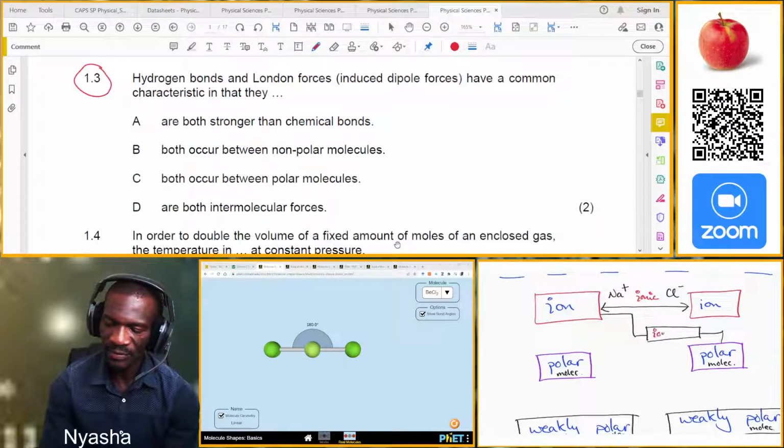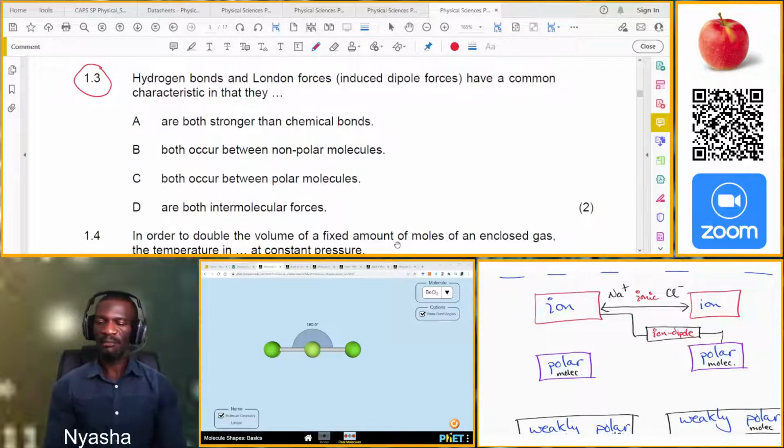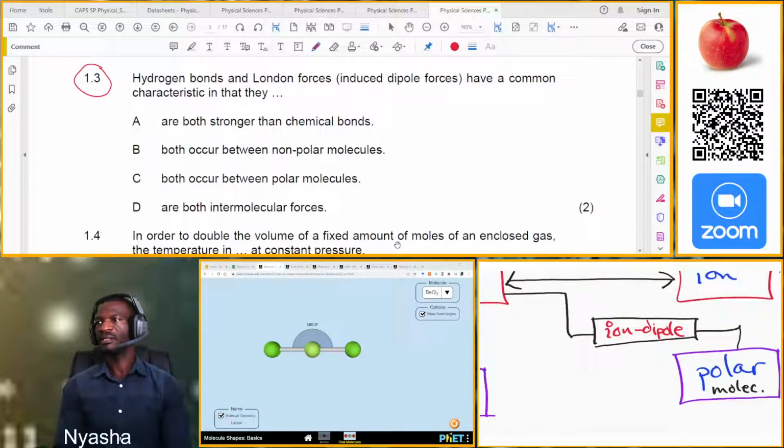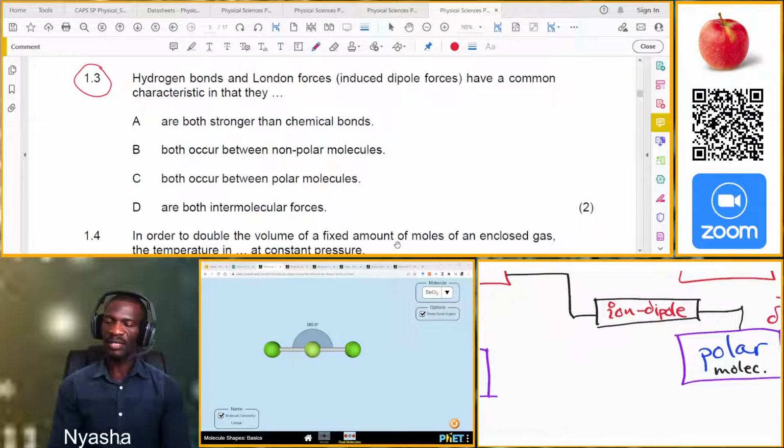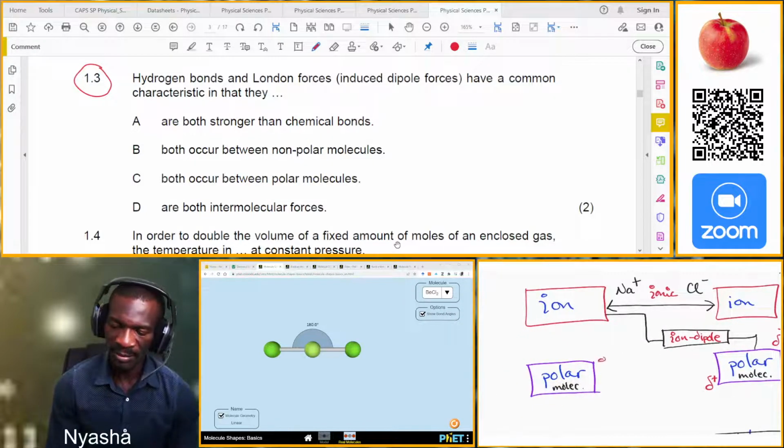An ion dipole set of forces. Because the polar molecule usually has a polarity, a delta charge there, a delta charge there. This one, the ion, is strongly charged, right? So you've got this ion dipole bond. Let's also put some dipoles here.